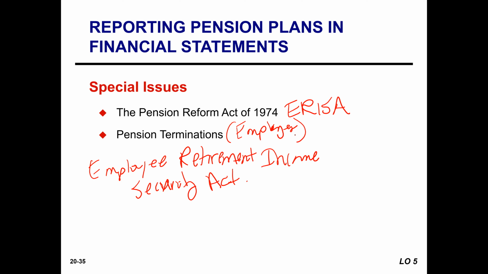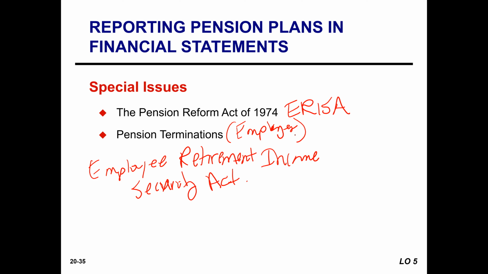And so again, it talks about this: the accounting issue that arises from terminations is whether a company should recognize a gain when the pension plan assets revert back to the company, also called asset reversion transactions. In some cases, a company starts a new defined benefit plan after it eliminates the old one.